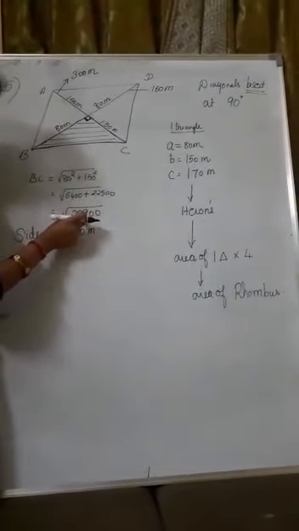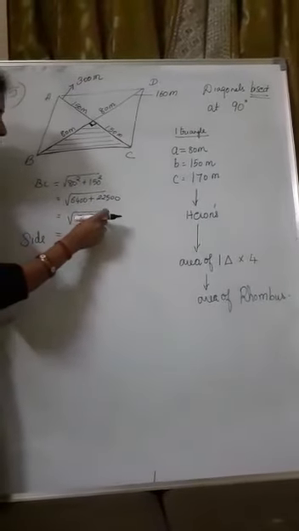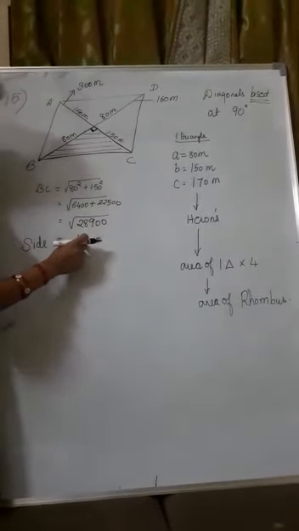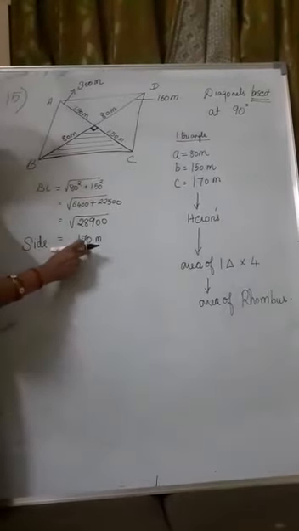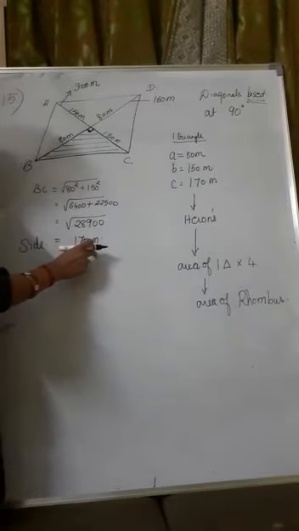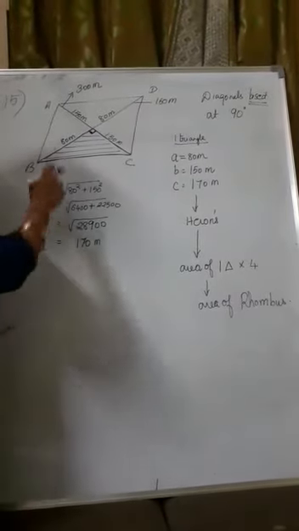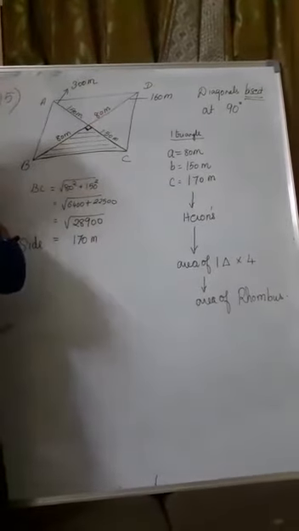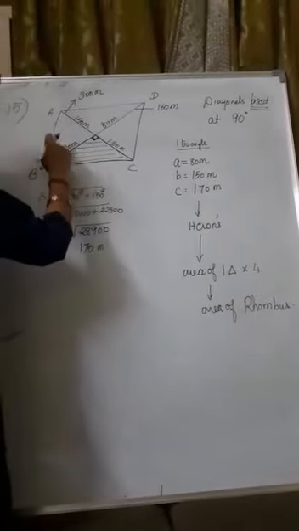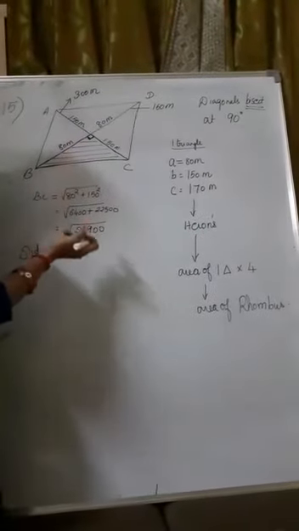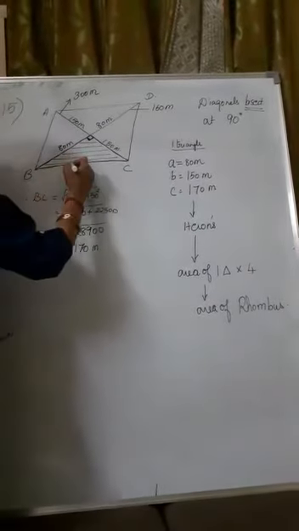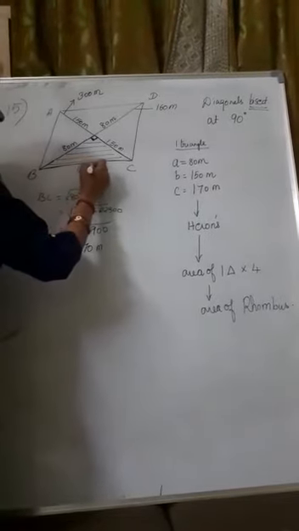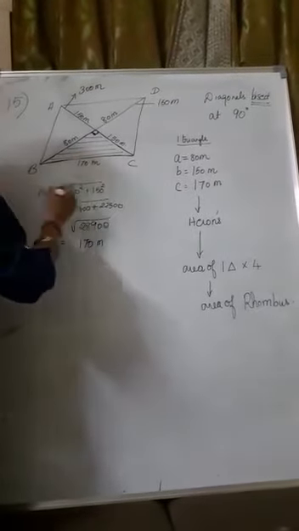What is the square root of 289? 17. What is the square root of 100? It is 10. So one side will measure 170 meter. If you are smart enough, you should know 8, 15 and 17 form a Pythagorean triplet. So obviously 80, 150 and 170 will form a Pythagorean triplet. Now this is known as 170 meter.